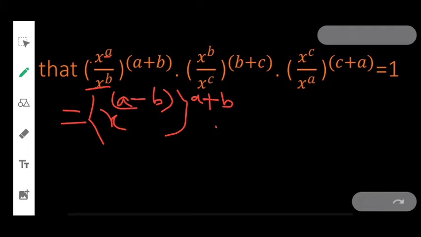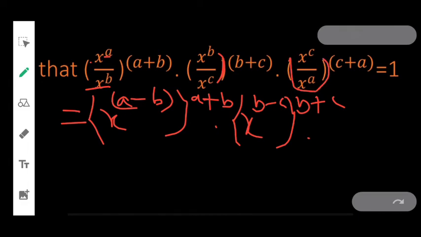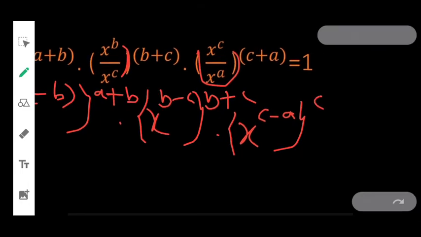Into x to the power b by x to the power c, this is x to the power b minus c whole power b plus c, into x to the power c by x to the power a, this will be x to the power c minus a whole power c plus a. Up to this, clear?